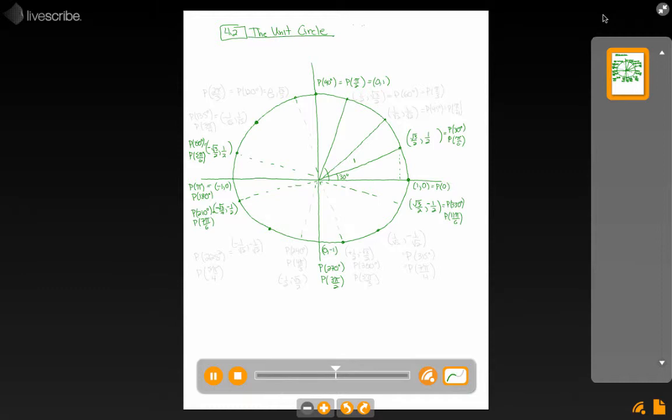If I know enough about 30, 60, 90 triangles, I know that the coordinates at 60, if I do a 60-degree triangle, are actually going to be the same numbers, but in reverse order, 1/2, √3 over 2, when I look at 60 degrees, which in radians is pi over 3.